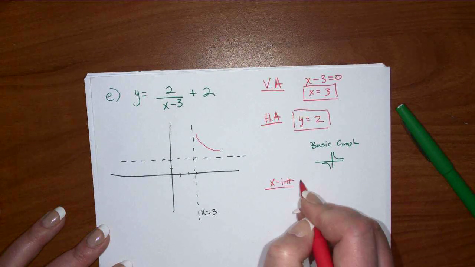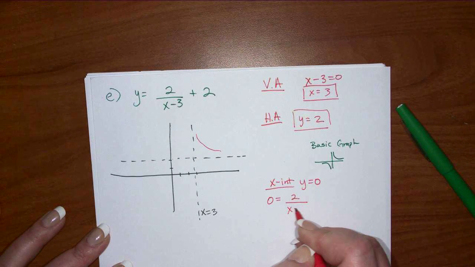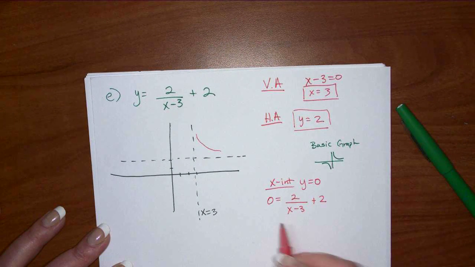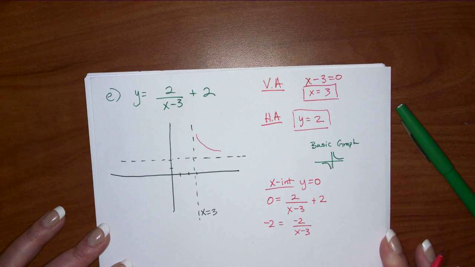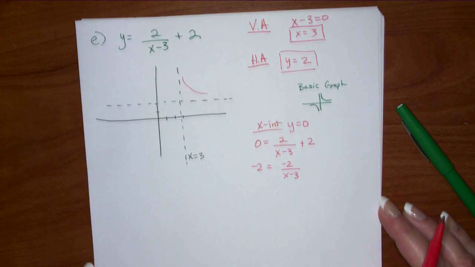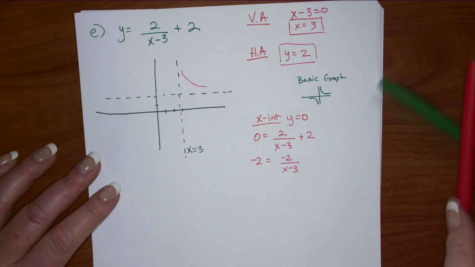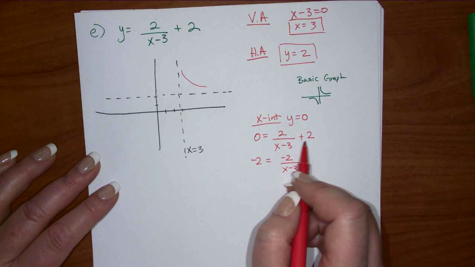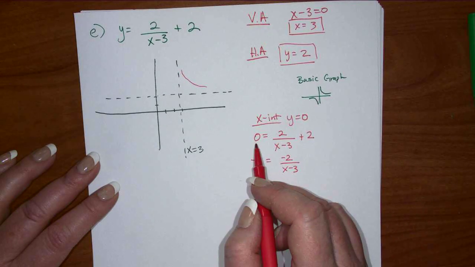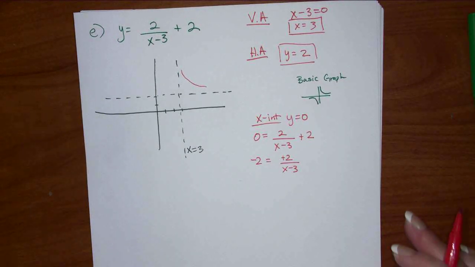We let y equal 0. Move the minus 2 over. Cross multiply. Why is the right side -2? When I move this over. Oh, it's not supposed to be. Thank you.